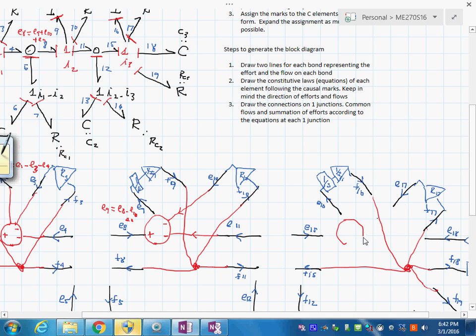On this one on this side, all the flows are the same. So we're gonna go over here. All the flows the same, but the efforts will add. So we have this one.